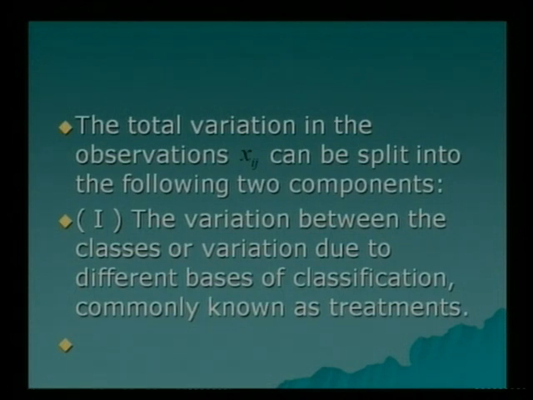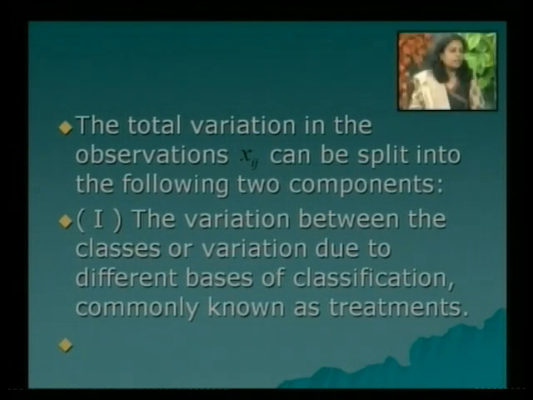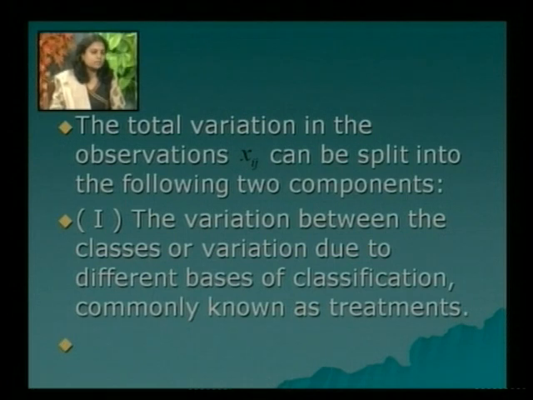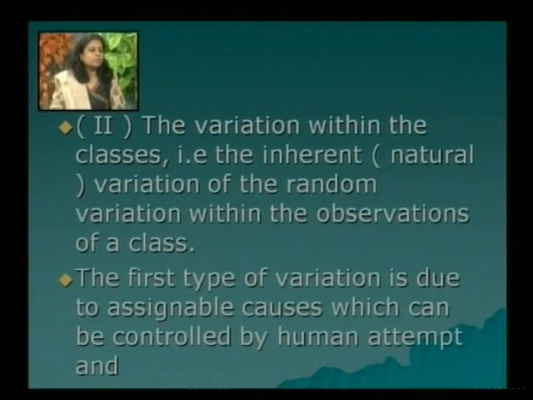In this layout, in this table, the total variation in the observations xij can be split into the following two components: number 1, the variation between the classes or variation due to different bases of classification, which is commonly known as treatments, and number 2, the variation within the classes, that is the inherent or random variation within the observations of a class.